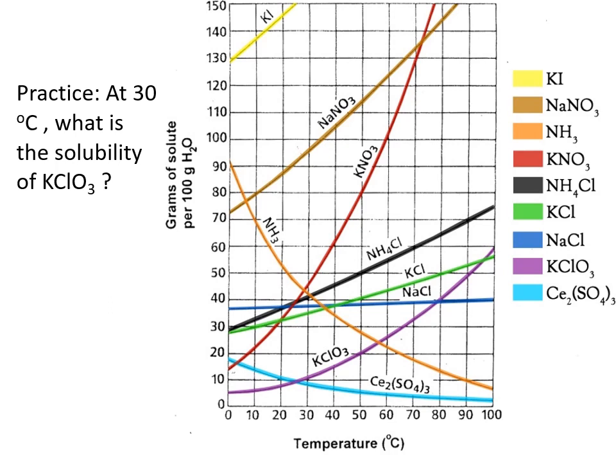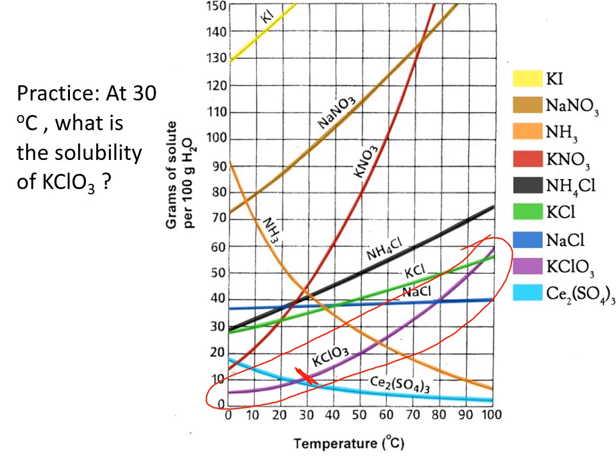Next, at 30 degrees Celsius, what is the solubility of KClO3? So this question is just asking how much can you dissolve? Okay, KClO3 is this purple line. So at 30 degrees Celsius, you can have about 10 grams of potassium chlorate dissolved.